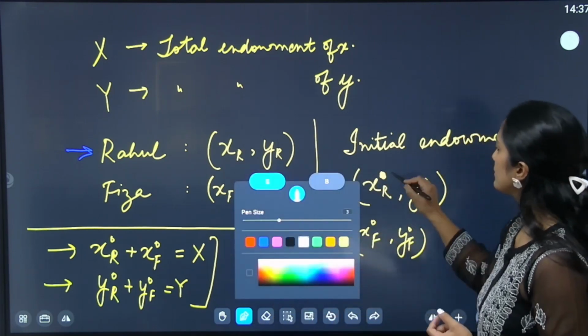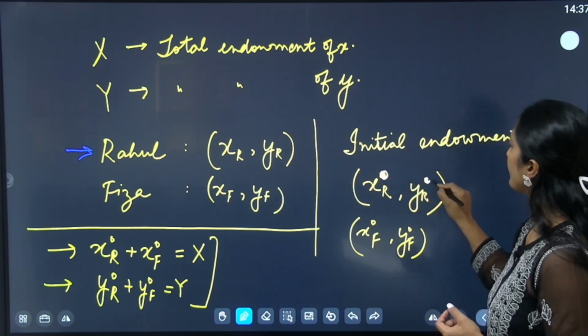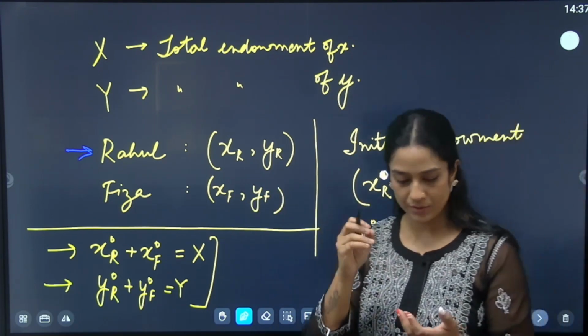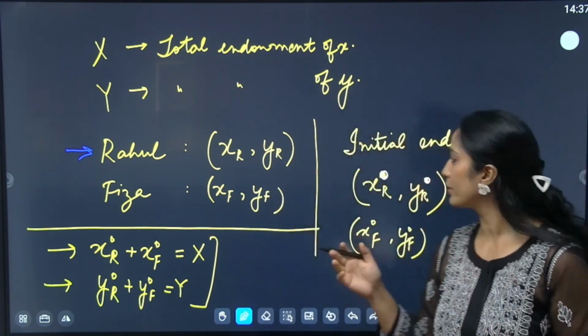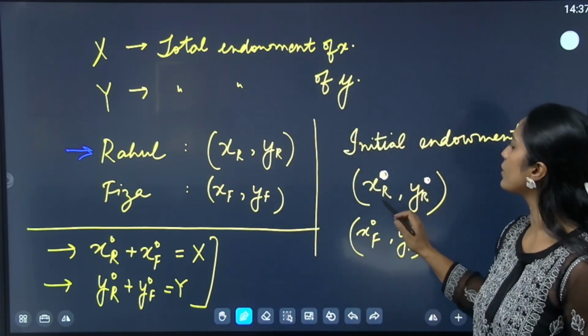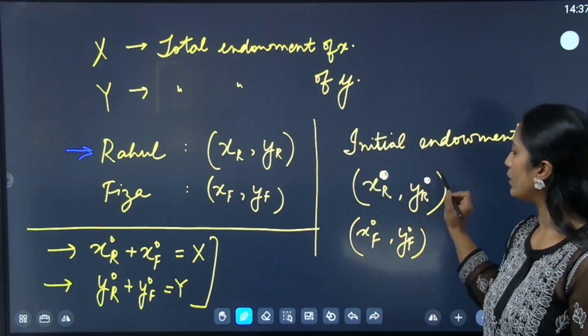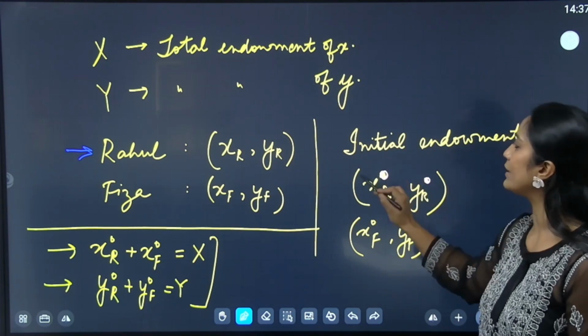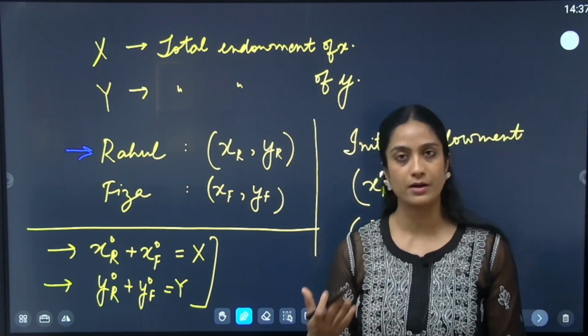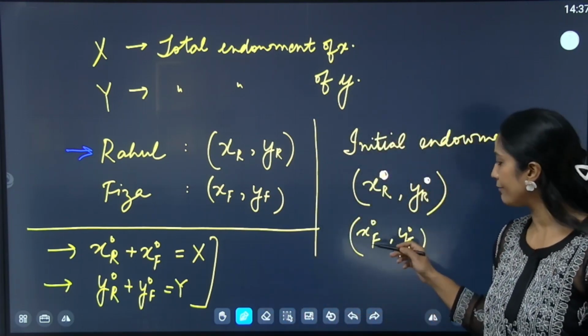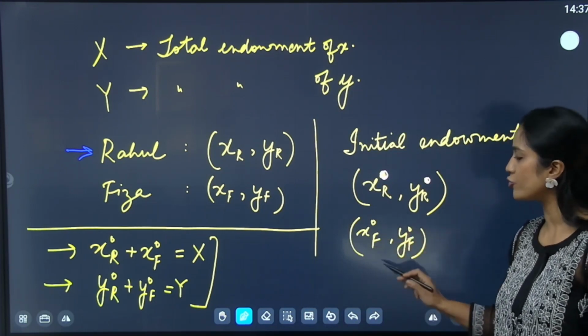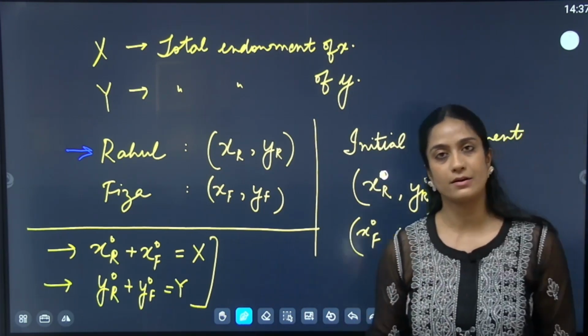This essentially denotes T0, मतलब जहां से हम शुरू करते हैं, तो उसको डिनोट करने के लिए हम लोग ये नॉट सिंबल यूज करेंगे. So XR naught, YR naught will be the initial bundle and initial endowment with which Rahul starts. Similarly, XF naught and YF naught will be the initial bundle with which Fiza starts.